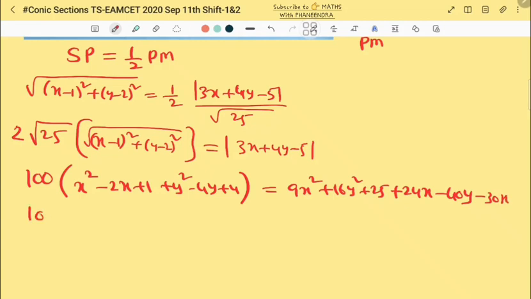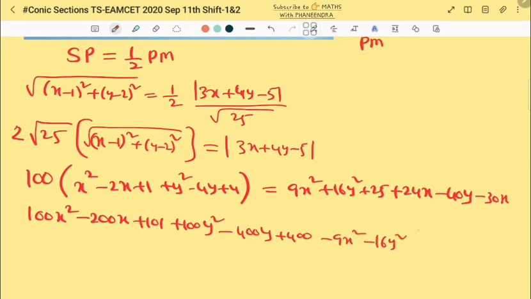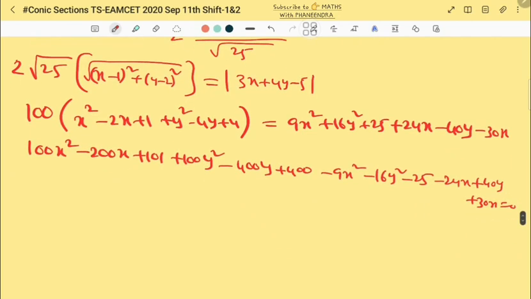So 100x square minus 200x plus 100y square minus 400y plus 400 minus 9x square minus 16y square minus 25 minus 24xy plus 40y plus 30x equal to 0. So first x square: 100x square minus 9x square, so 91x square.